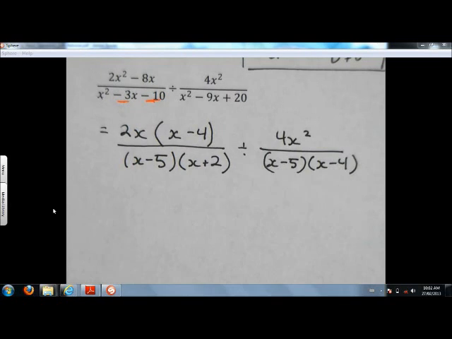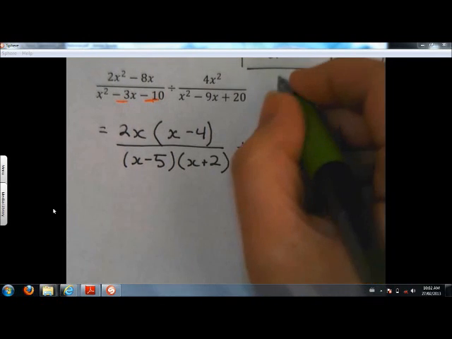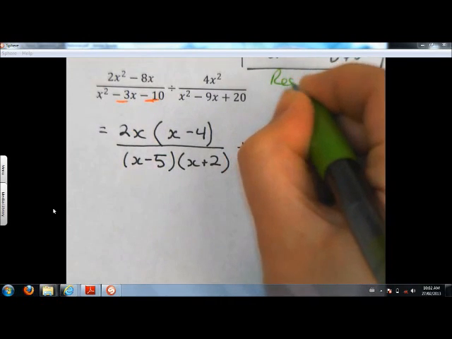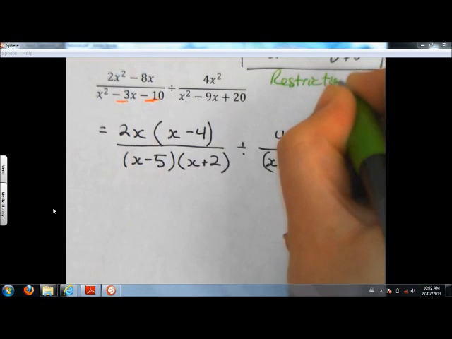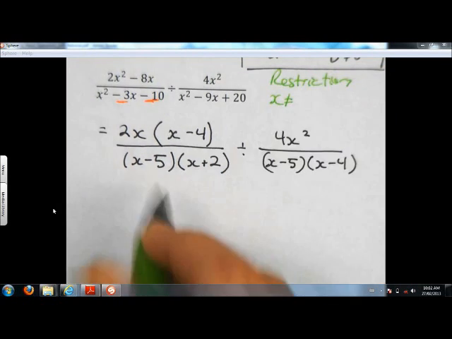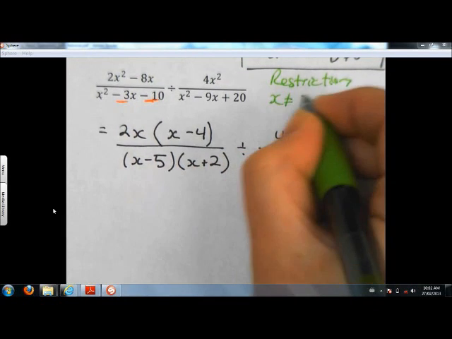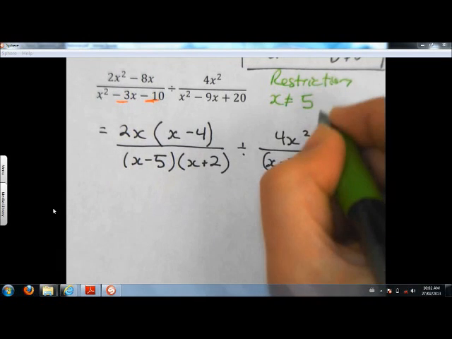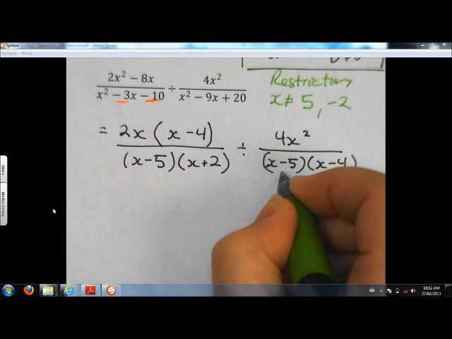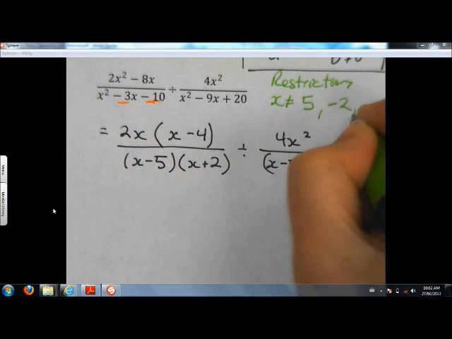And 4 times 5 is 20. Good. As long as I'm here, let's start a tally for restrictions. I see that x cannot be, here it's telling me 5, here it's telling me negative 2, here it's telling me 5 again, and here it's telling me positive 4.